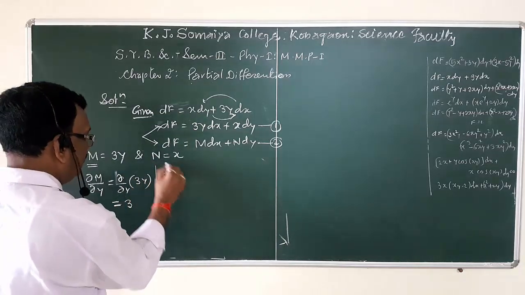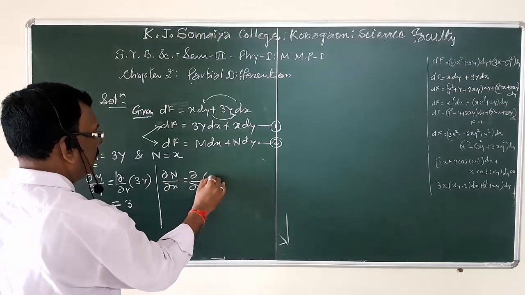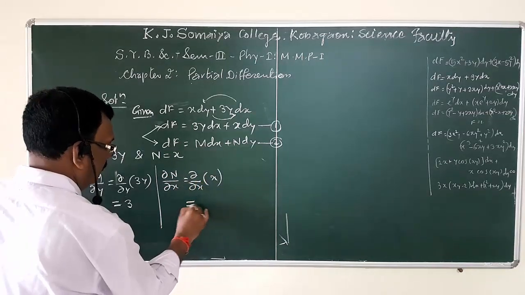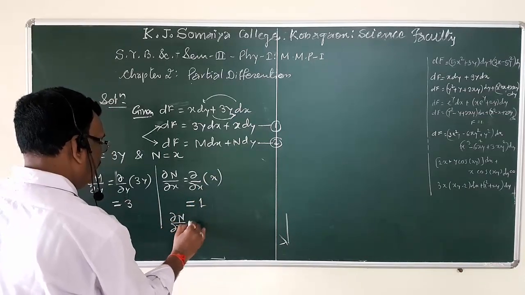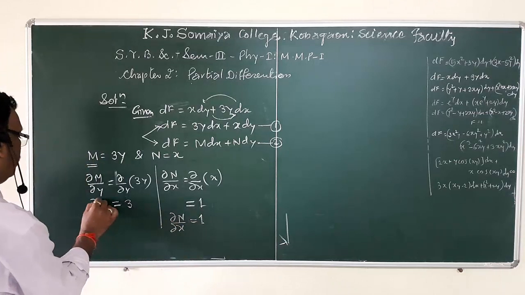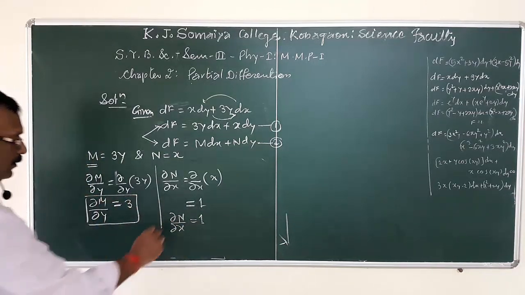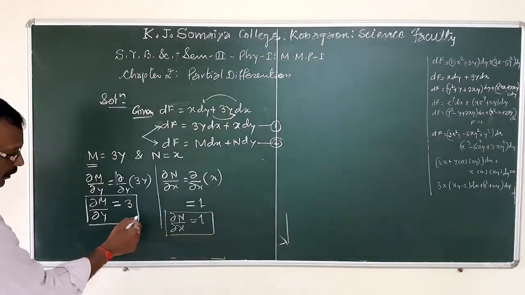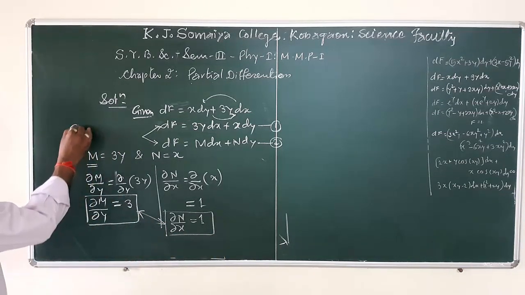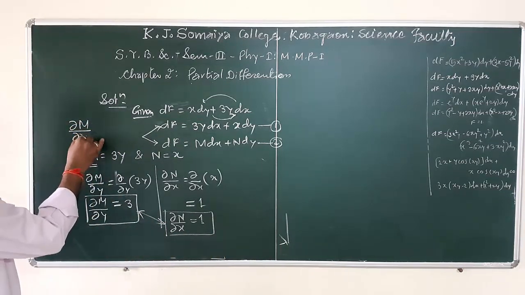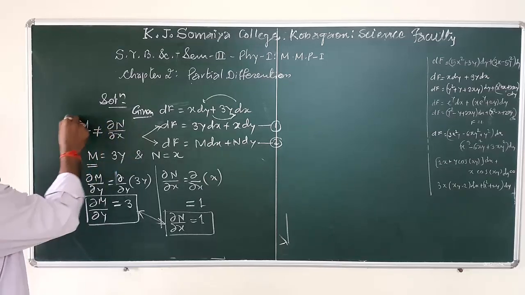Similarly, if we differentiate this n with respect to x, we have the final result 1, that is ∂n/∂x is equal to 1 and ∂m/∂y is equal to 3. Here, when we observe these two terms, it is found that ∂m/∂y is not equal to ∂n/∂x.